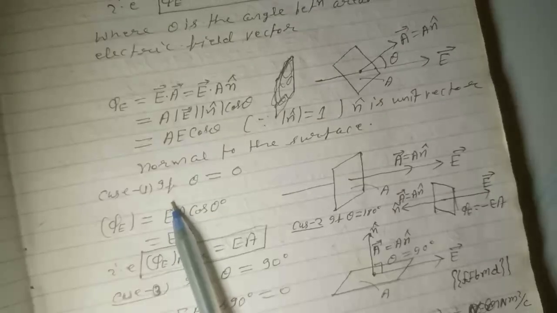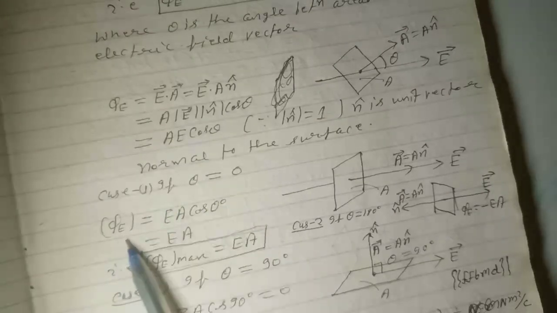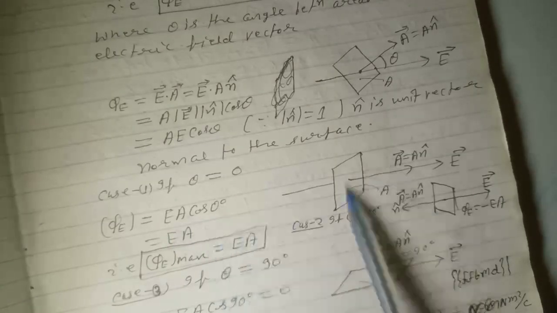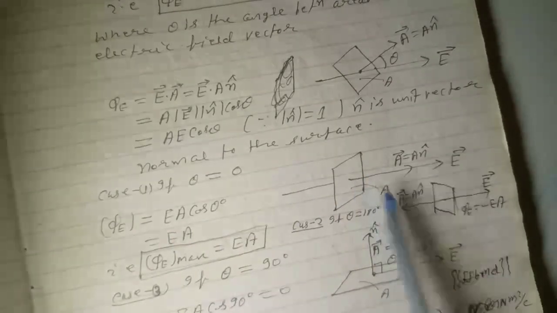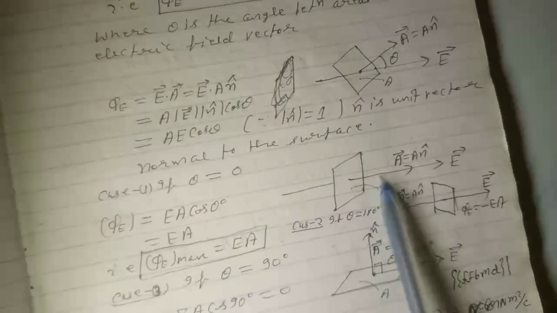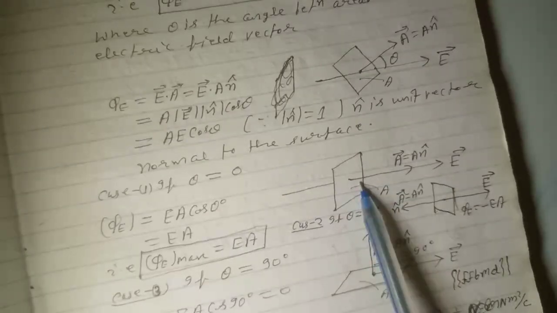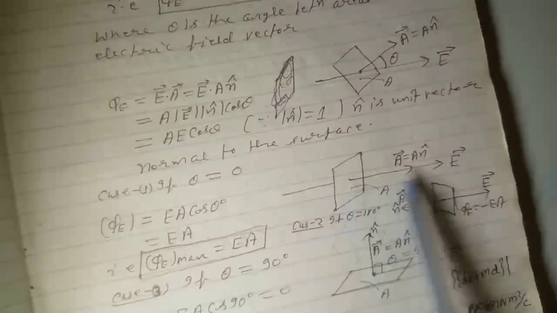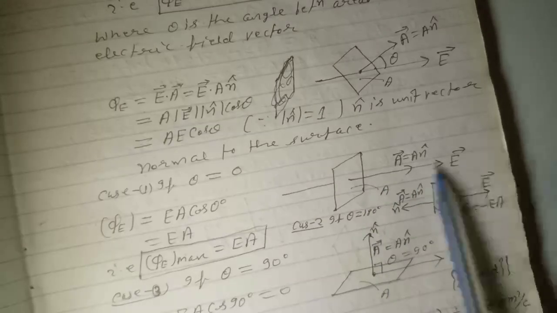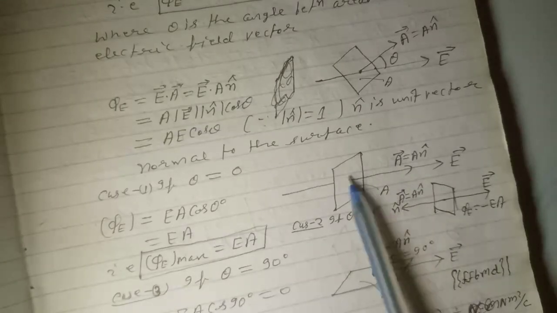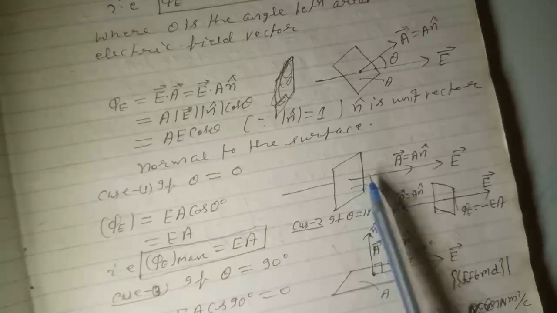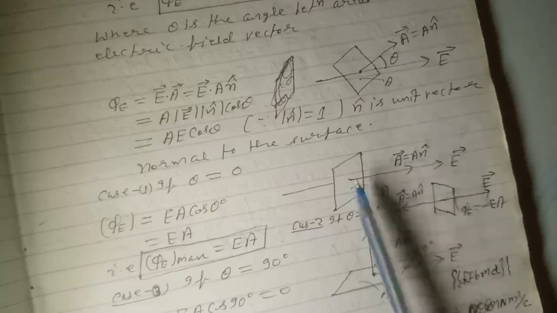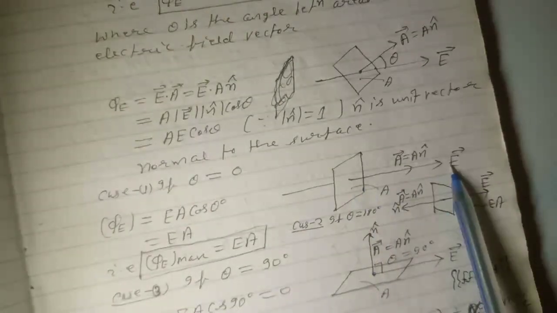Case 1: if theta equals 0, then phi, that is electric flux, equals EA cos 0, which equals EA. This is the situation when theta is 0, that is, area vector and electric field vector are along the same direction, or we can say that the area surface is perpendicular to the direction of electric field vector.